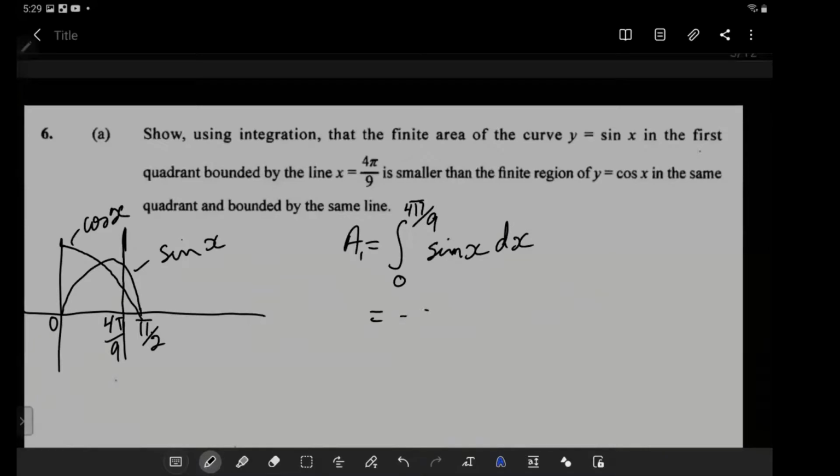So we have minus cosine x, and we want to evaluate that from 0 to 4 pi over 9. So if we were to do that, we have negative, upper limit first, cosine of 4 pi over 9 minus cosine of 0. Upper limit minus lower limit.